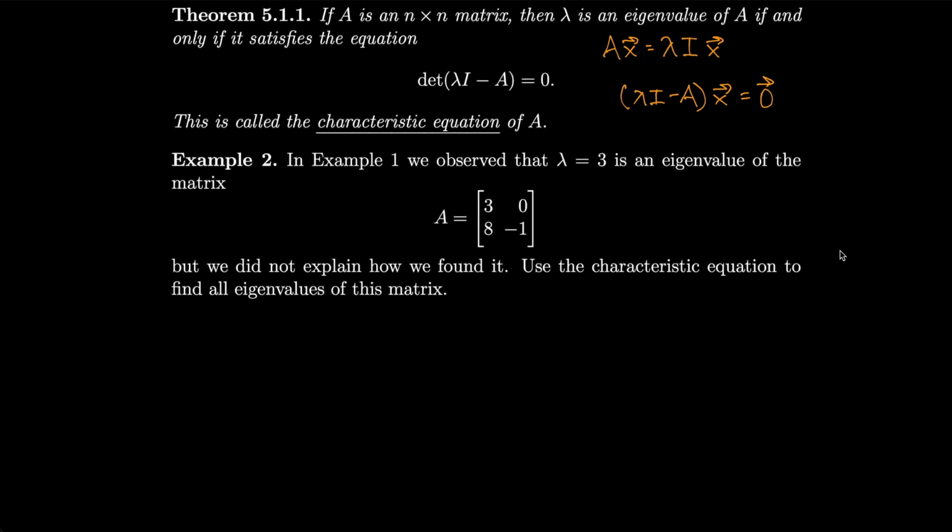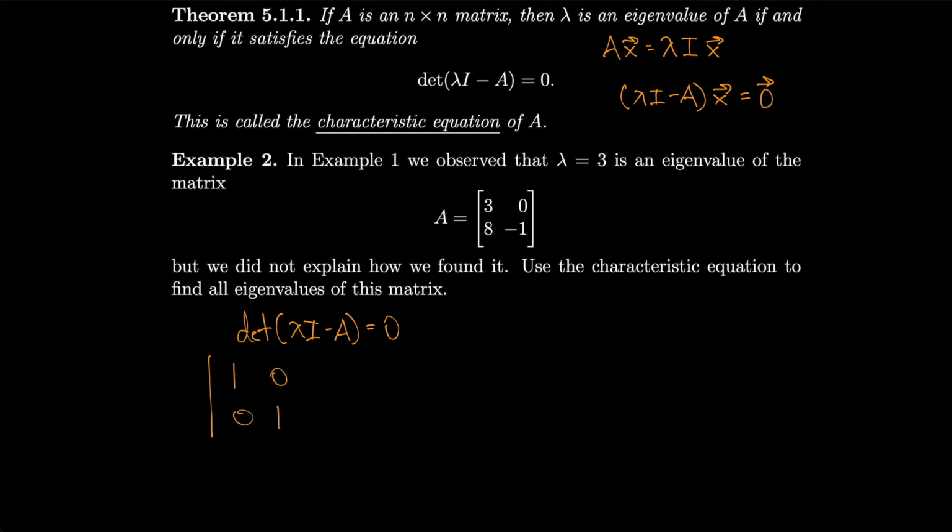So what we'll do is we'll write out the determinant of lambda I minus A equals 0, and we'll actually write out what the determinant is. Well, lambda times the identity minus A. So the identity is [1, 0; 0, 1].